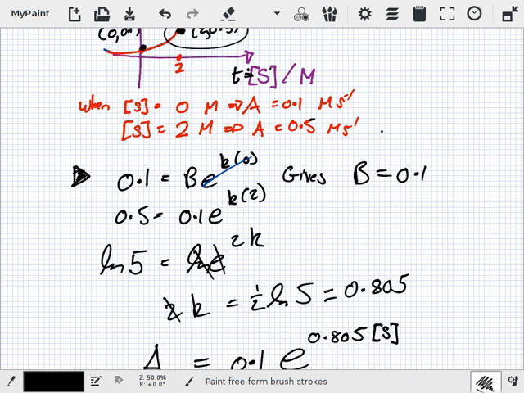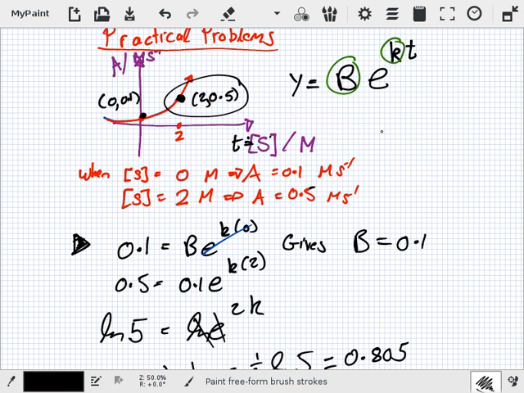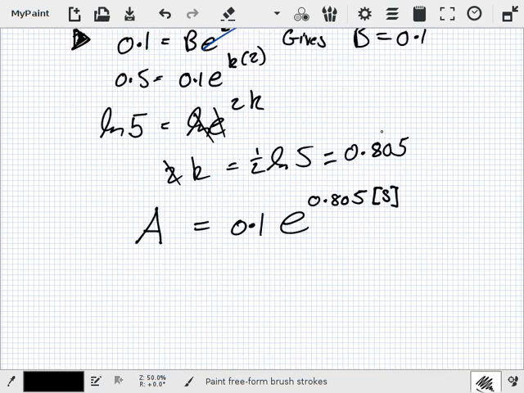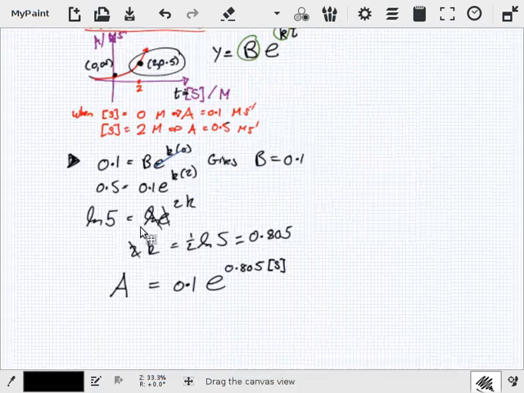Okay, let's look at another one anyways. Oh, no, before I do, it's common in the exam that they ask a follow-up question for 1 mark. So a common follow-up question would be something like, predict what the activity would be when the substrate concentration is 3. So how would you do that? Just multiply 0.805 by 3.